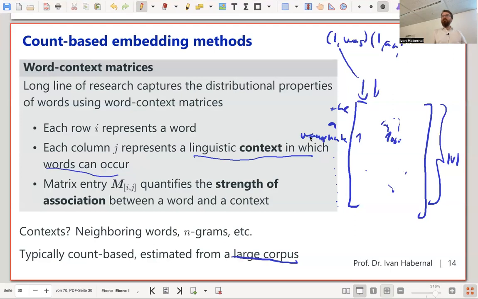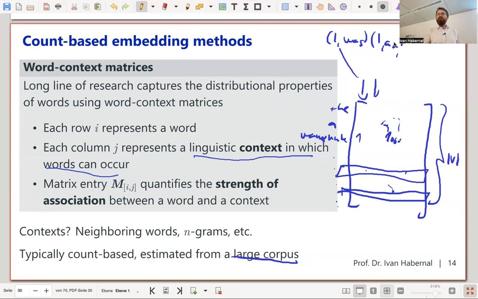What you get eventually is for each word a vector with counts. And for similar words, you get similar counts because they occur in similar contexts. So basically, you're just counting the occurrences of the word based on the context which you define. That should be easy to implement.